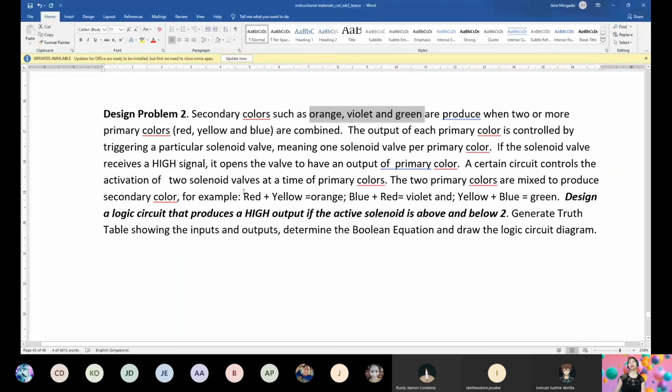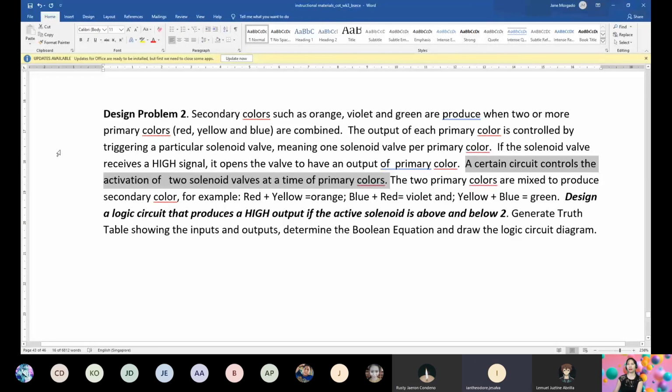Tama ba? Okay, so kailangan 2 solenoid valves at a time. So, dapat ang active na solenoid valves is 2 valves at a time. Tama ba, class? Yes. Okay?